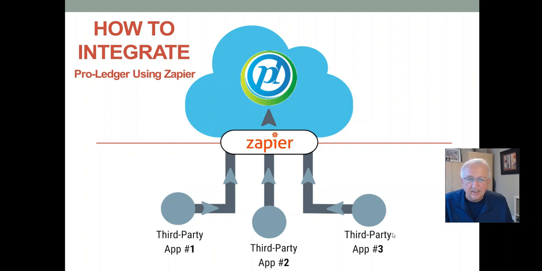So you get the idea. Same if you had a payroll program and so on. There are lots of different possibilities. Zapier has over 6,000 application programs in its database, making many different connections quite possible. So let's go through the basics and show you how this can be set up in Pro Ledger.